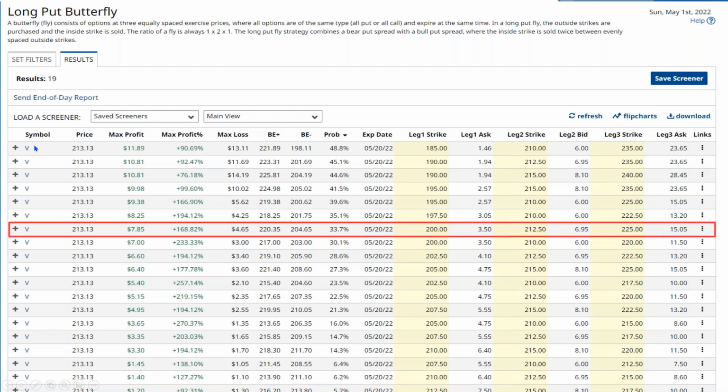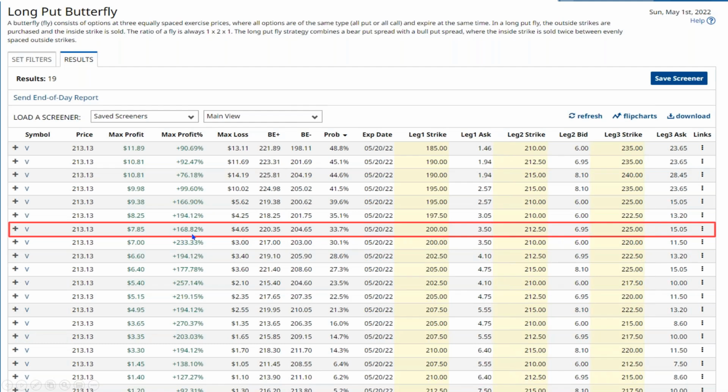Remember, I showed you that you can select just one particular stock. And there's our 200 lower strike price, there's our 1250 middle body strike price, and there's our 225 upper strike price. And so the cost of this trade was around $4.65.